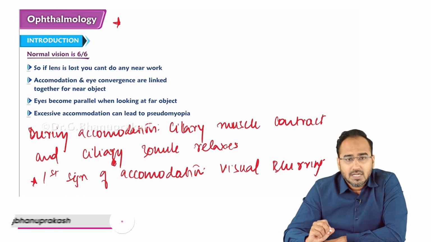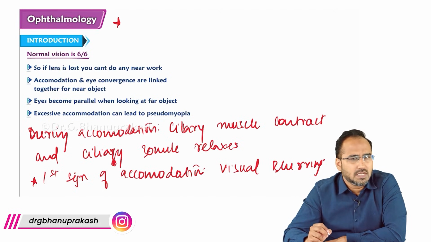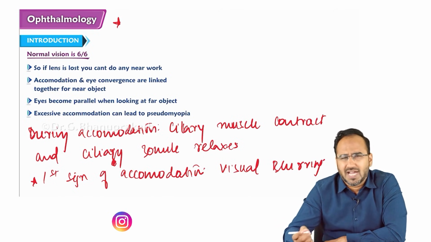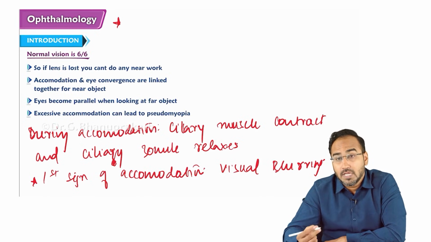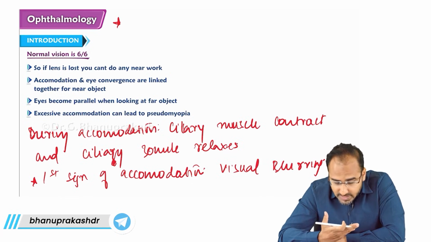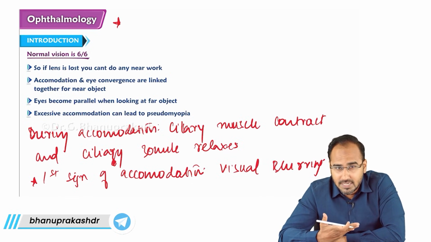So guys, remember, sometimes when you excessively do accommodation, like during your exam time, you guys read a lot. We have to read a lot during exam time. We read for 16 hours and all. Due to excessive accommodation, while you are reading, you are basically concentrating on the near. Reading means near vision. Okay?